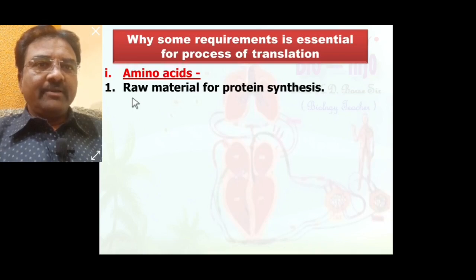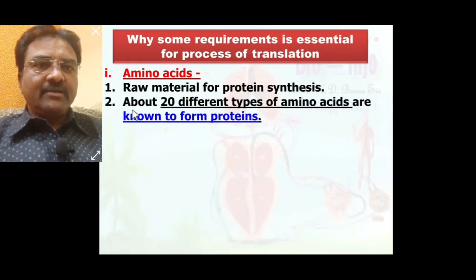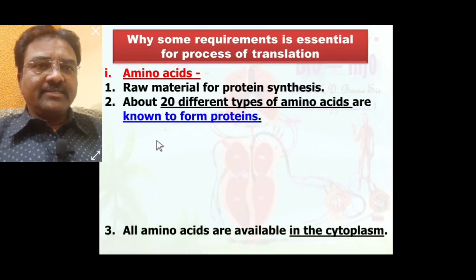About 20 different types of amino acids are known to form proteins.